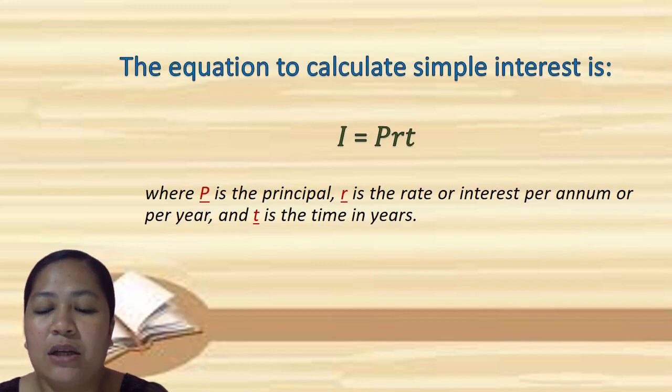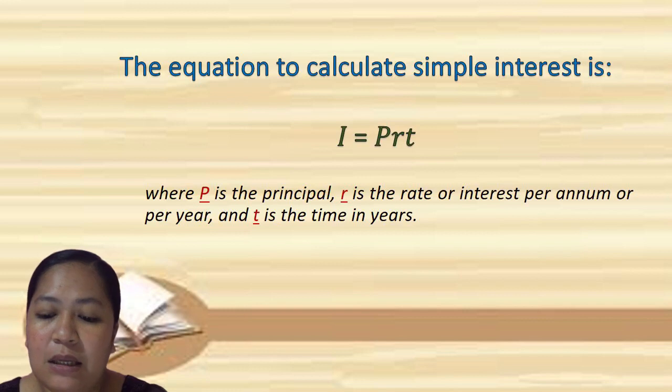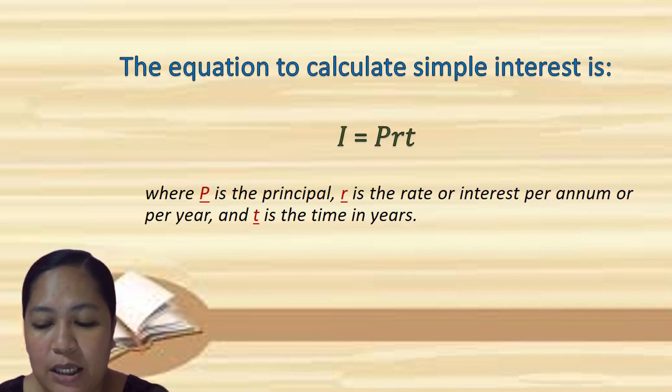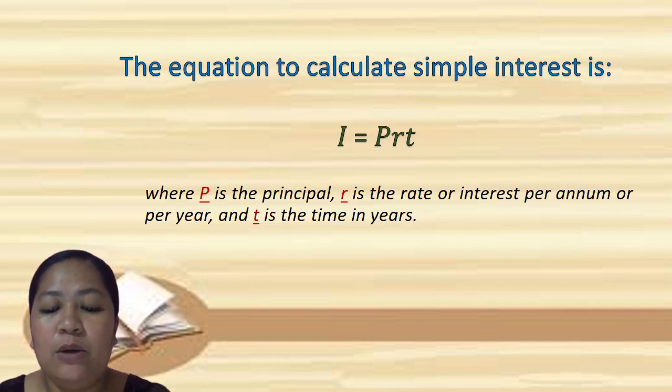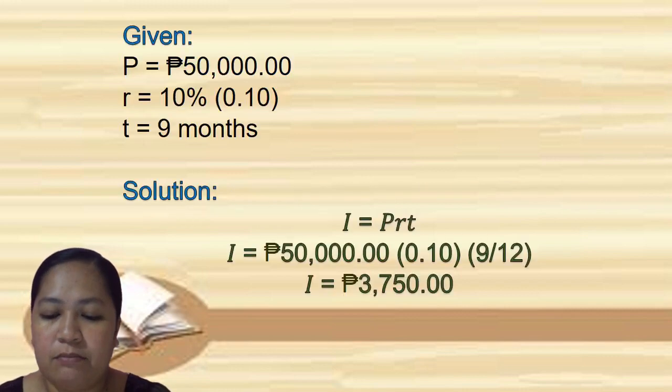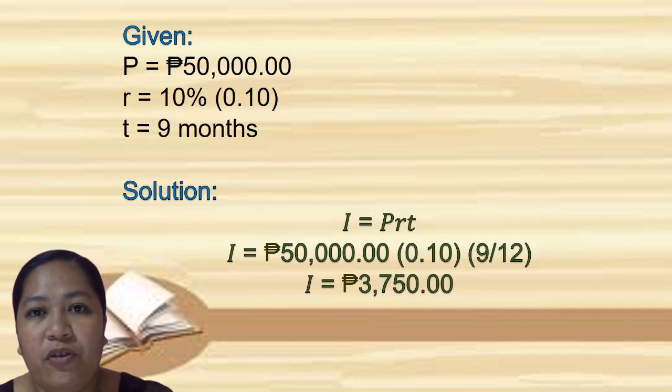The equation to calculate simple interest is I, which represents interest, equals PRT, where P is the principal amount, R is the rate or the interest per annum, or yearly, and T is the time in years. Again, interest equals principal times rate times time.